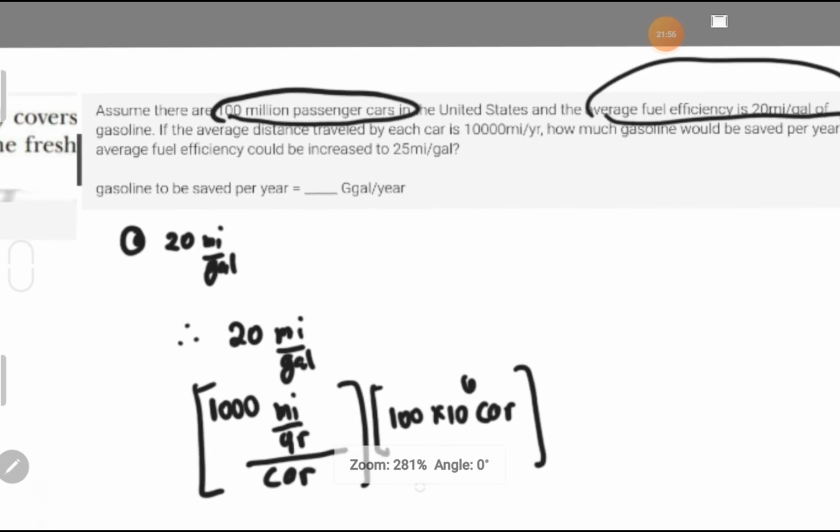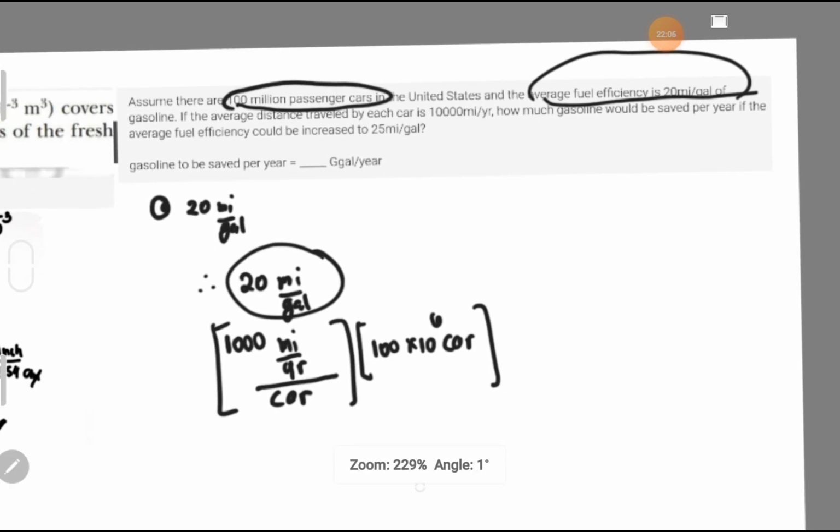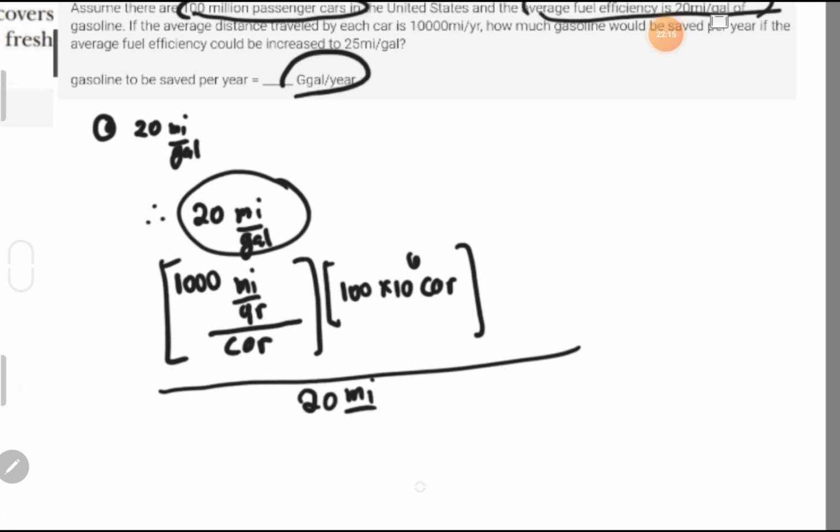Then, meron pa tayong 20 miles per gallon. So, saan natin nilalagay yung 20 miles per gallon natin? So, definitely, di-divide natin to. Bakit? Ito yung kagandahan ng cancellations of unit. And then, meron kang end unit. Yung end unit natin is gallon per year.